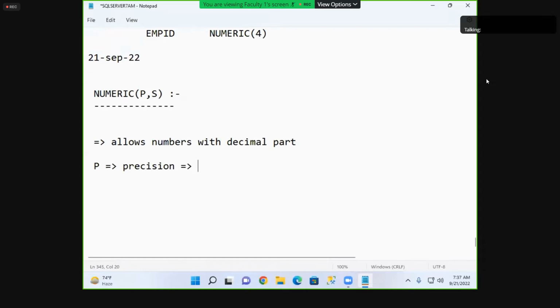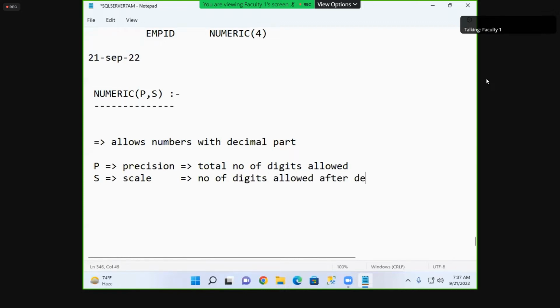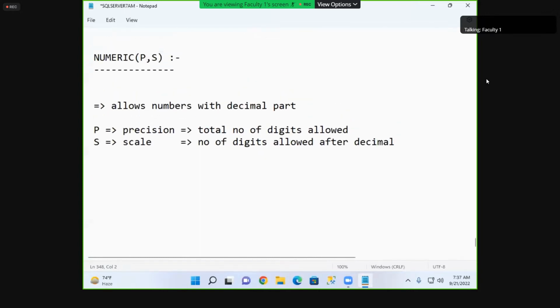P stands for precision. Precision means the total number of digits allowed. S means scale. Scale means the number of digits allowed after the decimal.